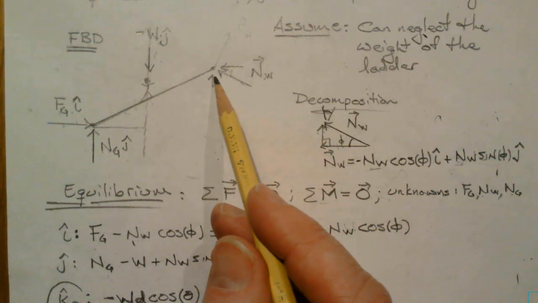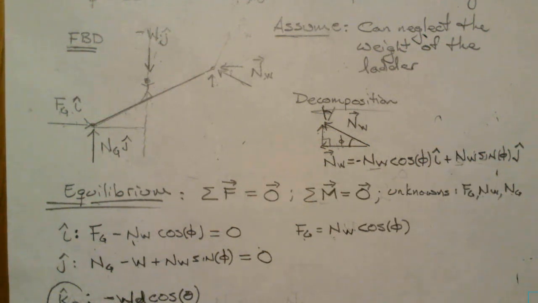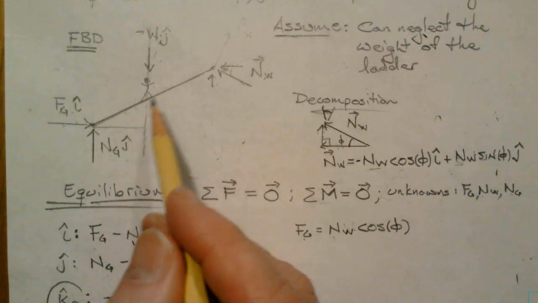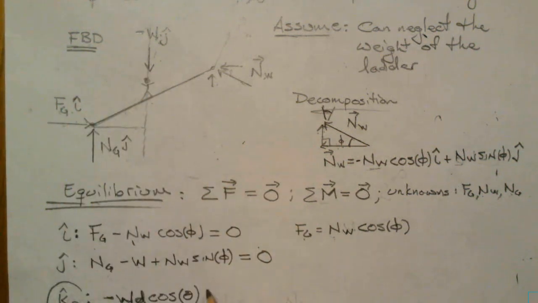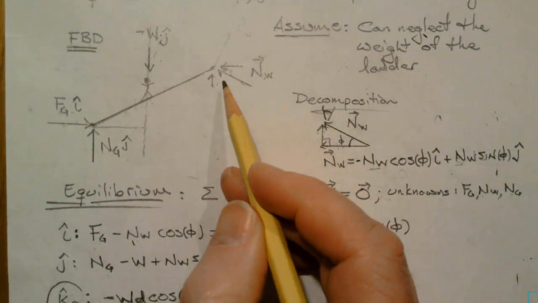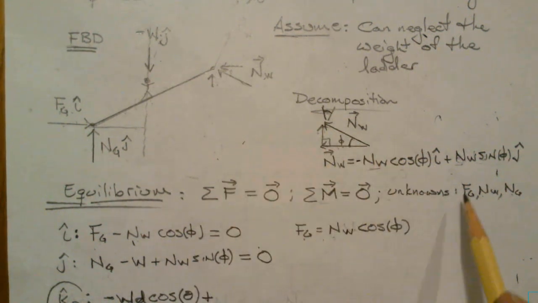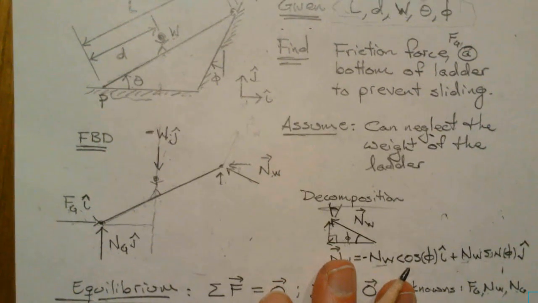Let's do the vertical piece. So the vertical piece is going to produce a moment. The force, the vertical component, is N_W sine phi. Oh, wait a second. This vertical piece is going to produce a clockwise moment, right? Oh. So this is going to be plus right here. And then I've got N_W sine phi. That's the force. And then I need the perpendicular distance. Right?